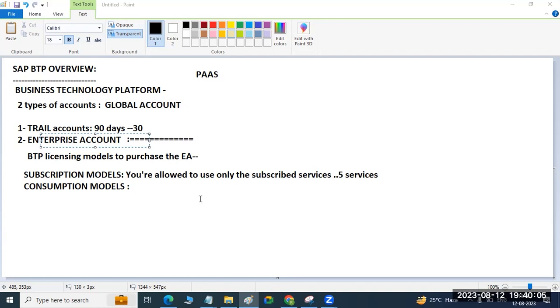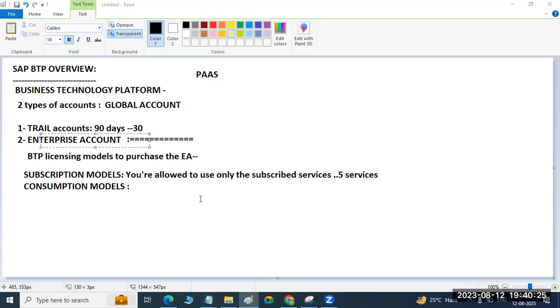Yes, there are size limitations, but whatever services are there, the trial account is for your POCs and demo purposes, and the same services are available in the trial account and the enterprise account.